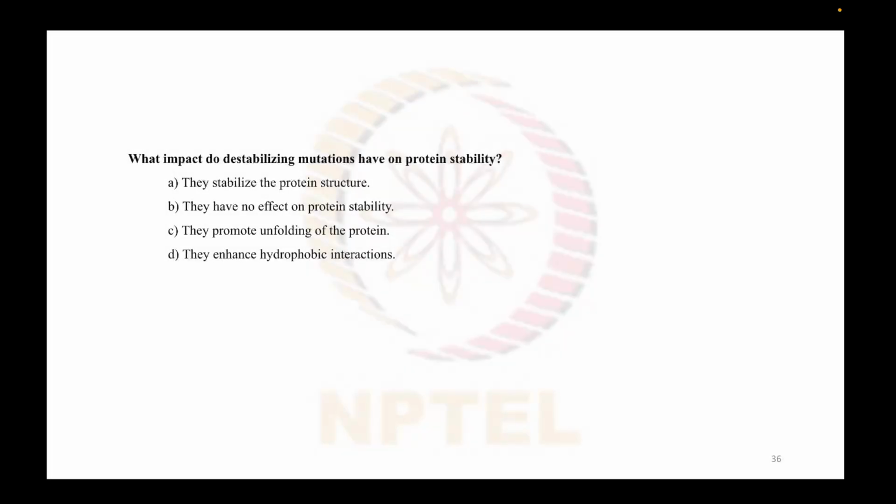What impact do destabilizing mutations have on protein stability? So what do destabilizing mutations do?